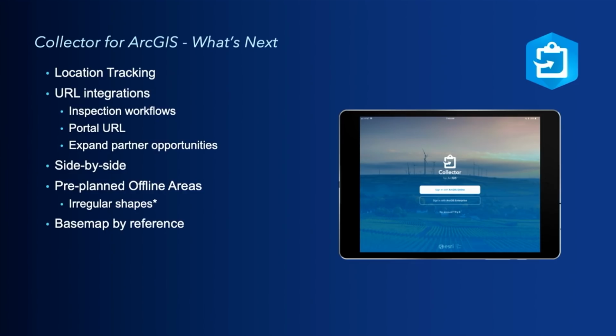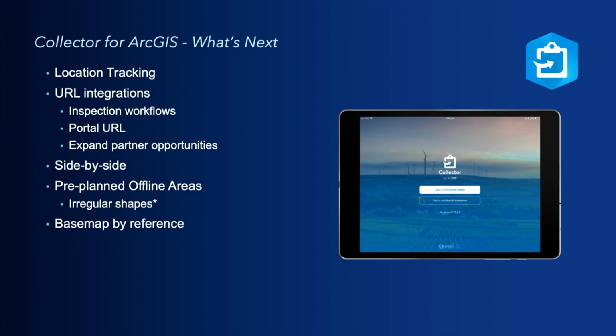I'll talk about this in a little bit of detail. One of the areas that is a very simple thing we've done: how many here are using ArcGIS Enterprise with Collector? Probably the biggest challenge with getting users up and running with ArcGIS Enterprise and Collector is that they have to type in that URL to the portal, and then they have to get that right, and then they can enter their username and password.